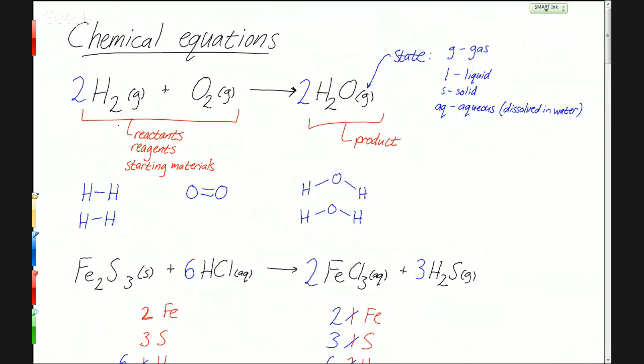So we said 2 of those reacts with 1 of those to make 2 of those. We didn't say 2 grams of this reacts with 1 gram of this to make 2 grams of that. That doesn't work. It's the count that happens. It's like how many of these reacts with how many of these. So we have to use that mole idea to get back and forth between what we can measure, which is like grams, and what we can count, which is individual molecules or moles of molecules.